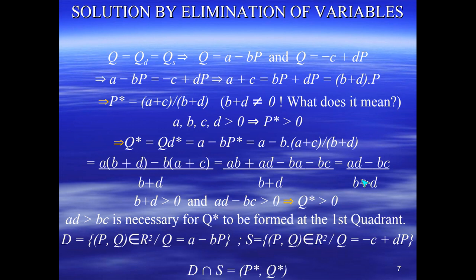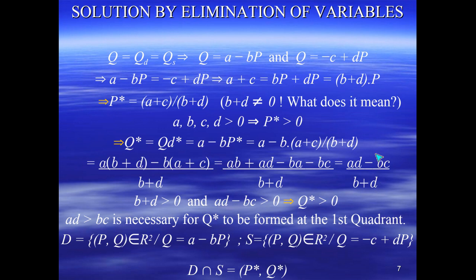Here again, B plus D should not be 0, and all these things should be positive. AD minus BC should be positive, and B plus D should be positive, so that we obtain Q star greater than 0. The quantity should be positive as well. You can also obtain AD minus BC negative and B plus D negative all together.